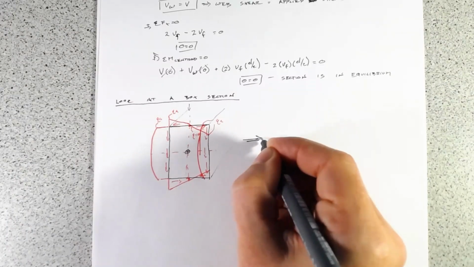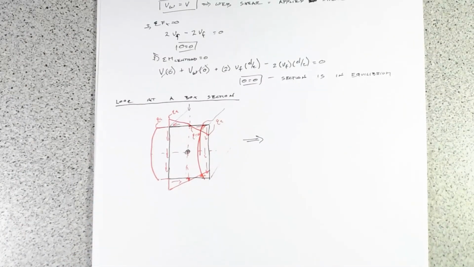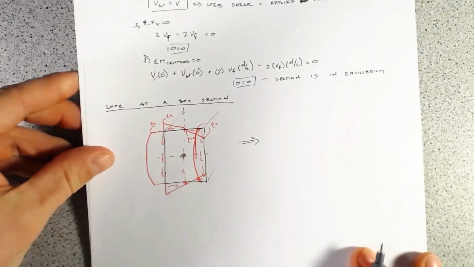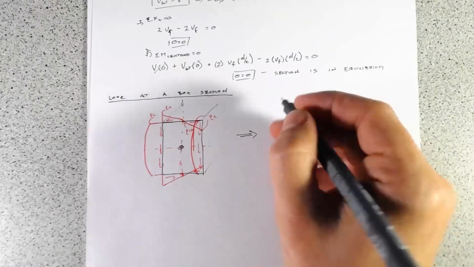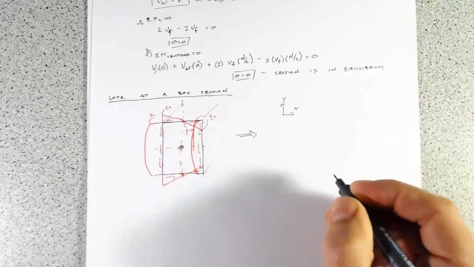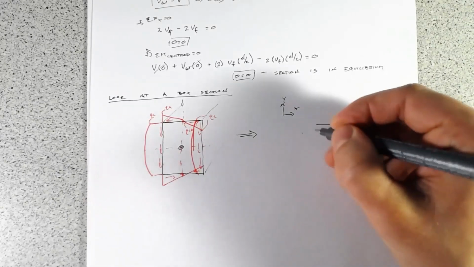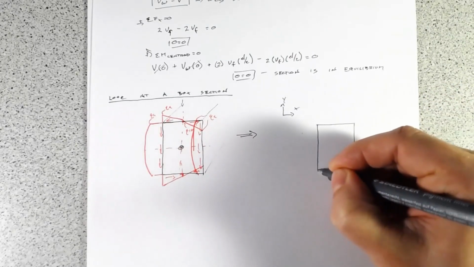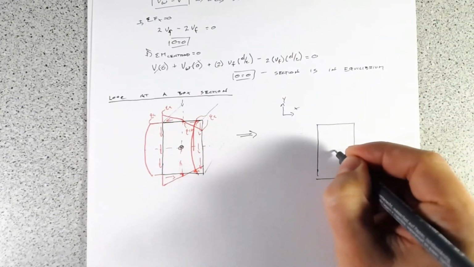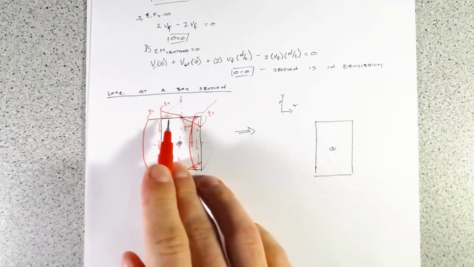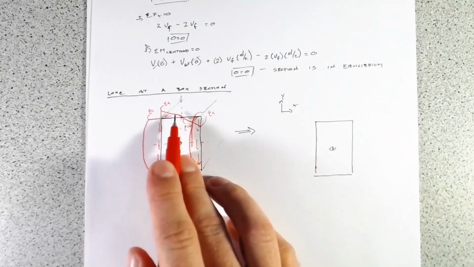But say we want to look at what our distribution of forces are, just like we did here for the I section. So if we put ourselves some coordinates in, y, x, here's our box again. And that's our centroid. Well, we've got a force.